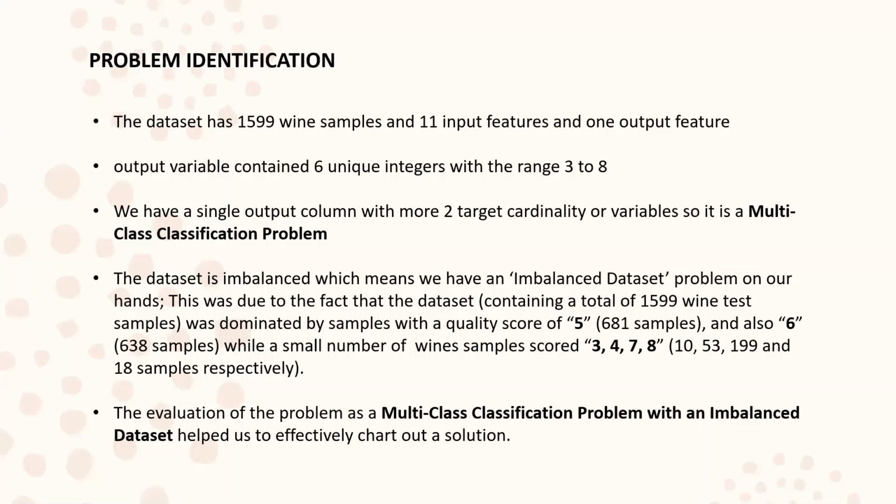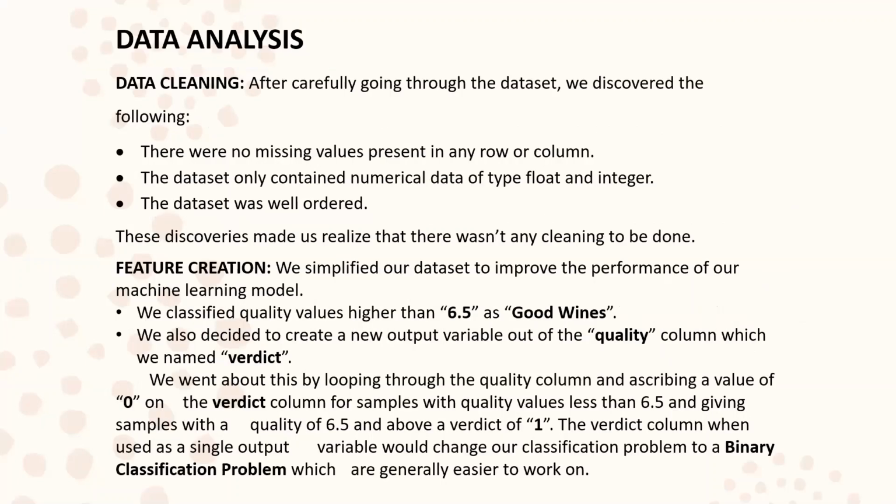So we saw that the data set was an imbalanced data set. So we identified the problem as a multi-class classification problem with an imbalanced data set. And that really helped us to chart out a course on how we could proceed with our solution.